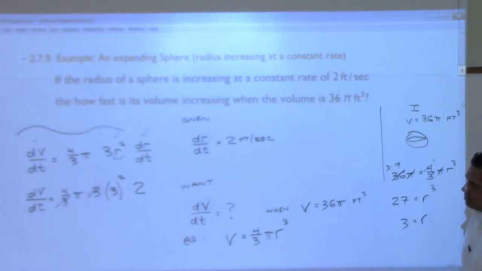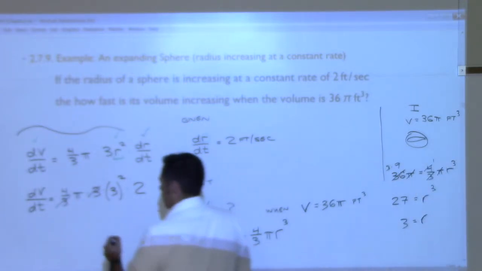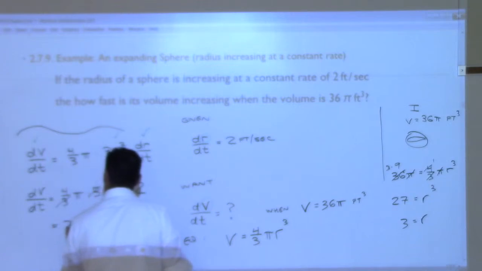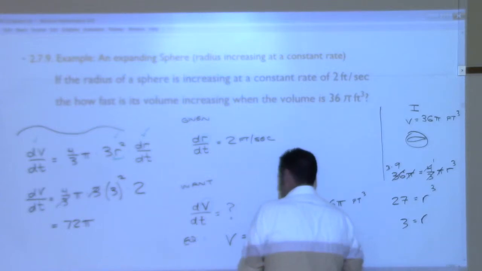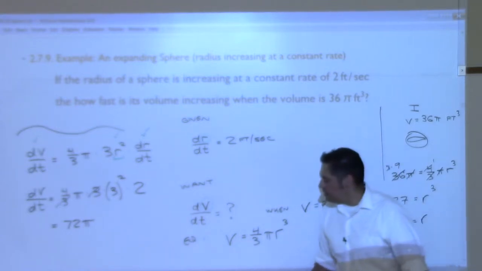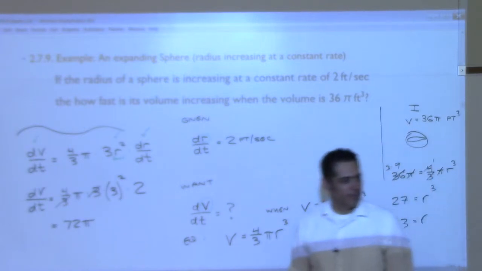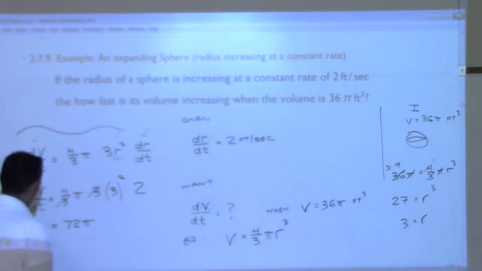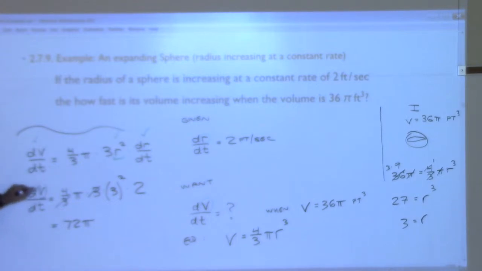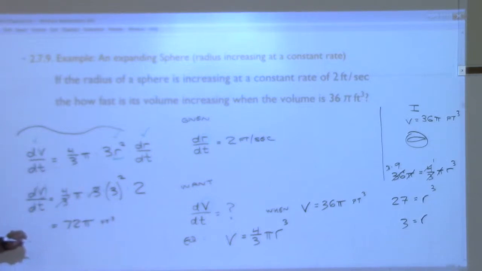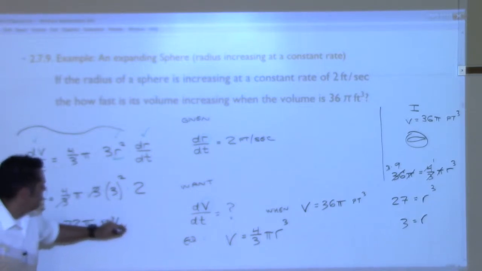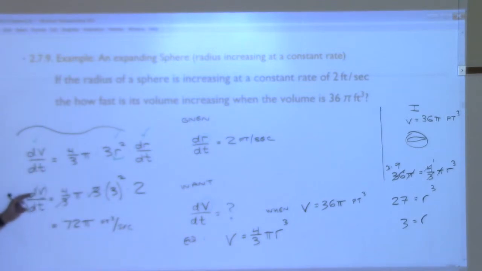Come on, arithmetic, let's do it. 9, 30, 72 pi? 72 pi. 72 pi. Heidi? 72 pi what? Feet cubed, because it's a volume, right? So feet cubed, and then that it? Feet cubed per second. And that's because your rate is always going to be over something with time, right?